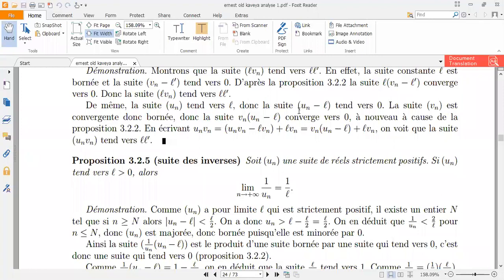It needs to head towards something. Here, everything changed, and now it's heading towards the zero. Just like this point here.